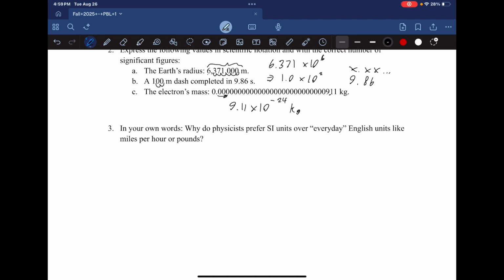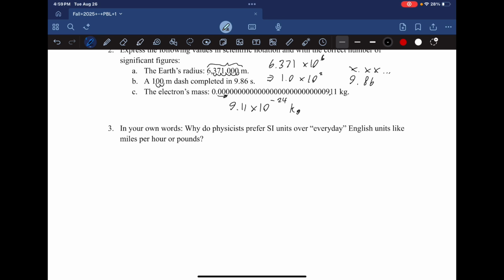And then for why we prefer SI units over everyday English units, like miles per hour or pounds, this is a really simple answer for me, and that is it's because how everybody else does it. And so it allows for consistency all across the globe.